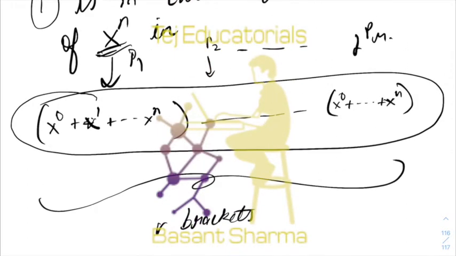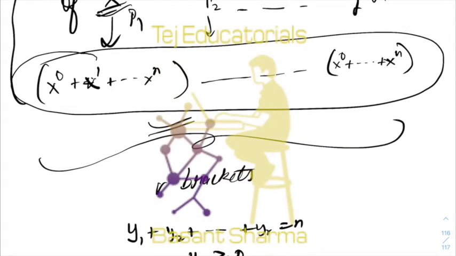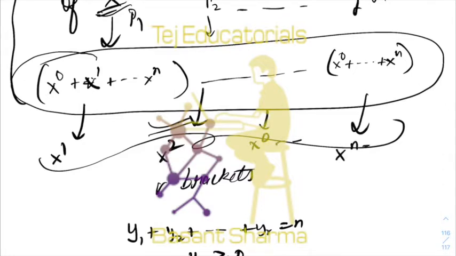What this says is that the coefficient of x to the power n is nothing but the number of ways of forming x to the power n. Okay, so the number of ways in which you can form x to the power n in this expansion, for example, if I take x to the power 1 from here, I take x to the power 2 from here, and let's say I take 0 from all of them, and from the last one I take x to the power n minus 3.